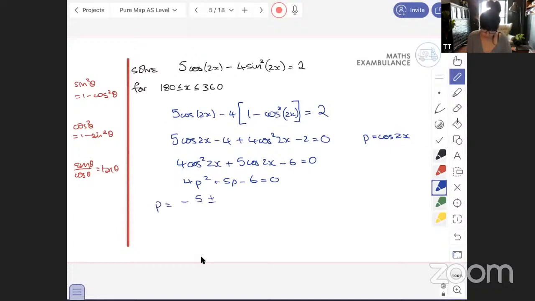Minus b plus or minus the square root of b squared minus 4ac over 2a, p equals, boom. Minus 5 add square root 25 plus 16 times 6 over 8 is 3/4.